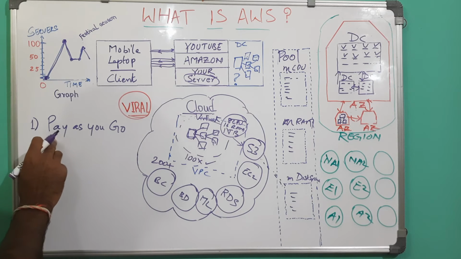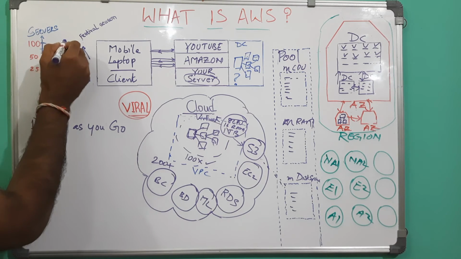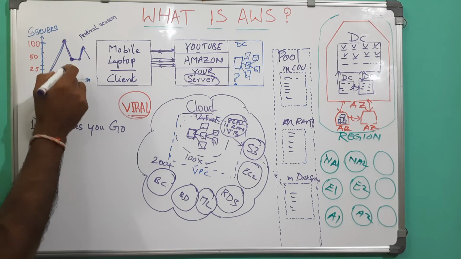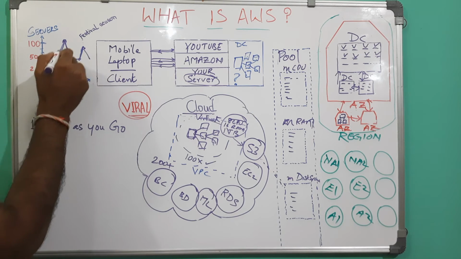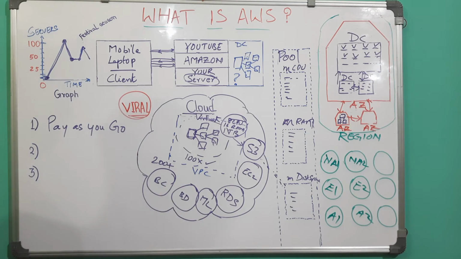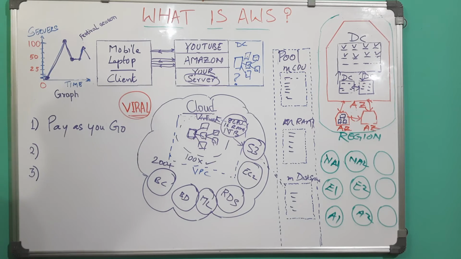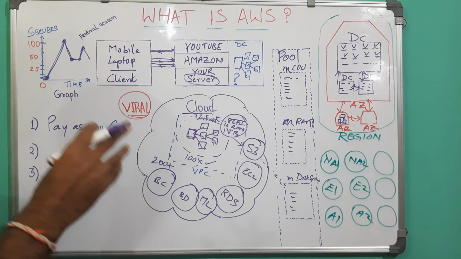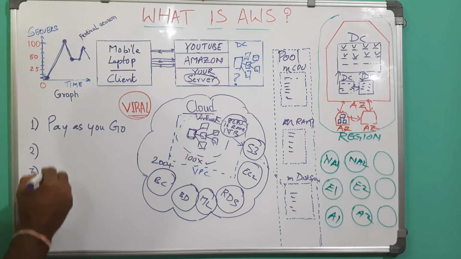So that is what pay as you go is. When you are using one or two servers, you pay for that. When you are using 100 servers next month, you pay for that. And later, after 1 or 2 months, if you want to reduce that, you can do that. Whatever number of servers or services you are using at that particular time, you pay only for that. That is the benefit of pay as you go: you don't have to set up upfront and bear that cost whether you use it or not.